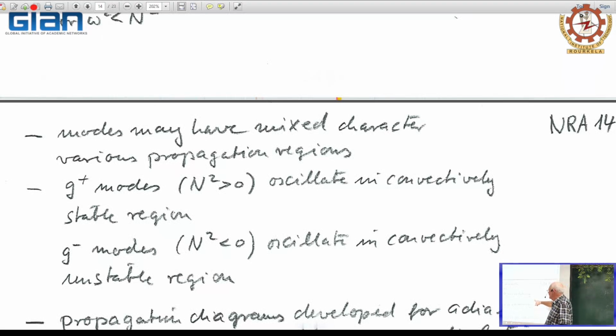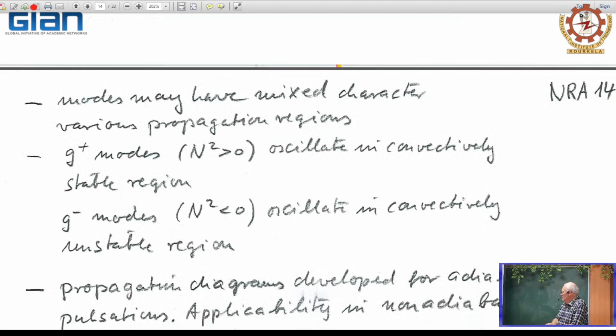So the G plus modes are evanescent in the convectively unstable region, and the G minus modes are evanescent in the convectively stable regions. This is just a matter of discussion of the sign of k squared, depending on the signs of N squared and omega squared.